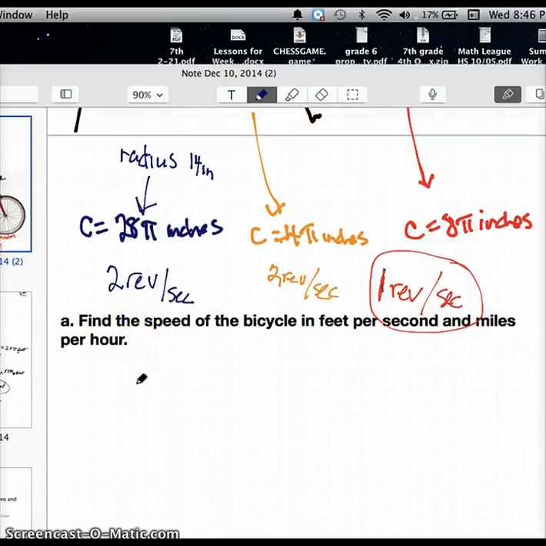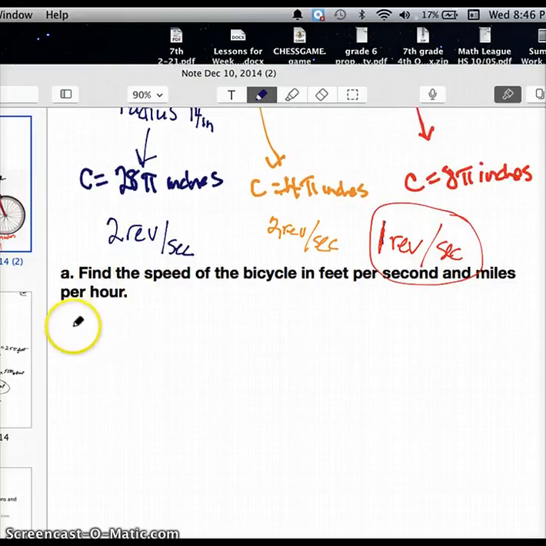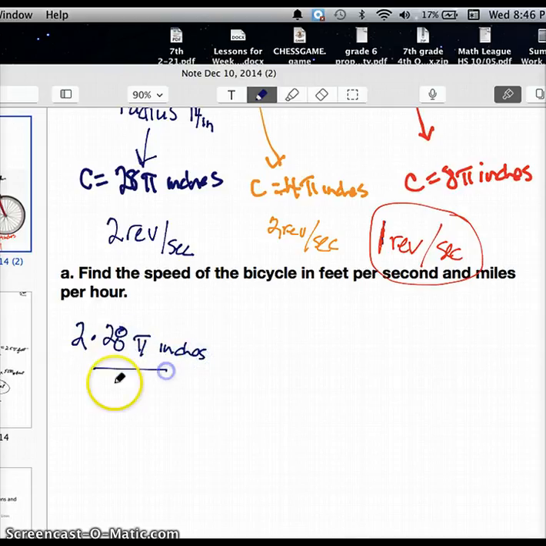So I've got 2 times 28 pi inches over seconds. Pause me if you need to. Think about why that's true. I'm going to write that a little bit differently: 56 pi inches per second.